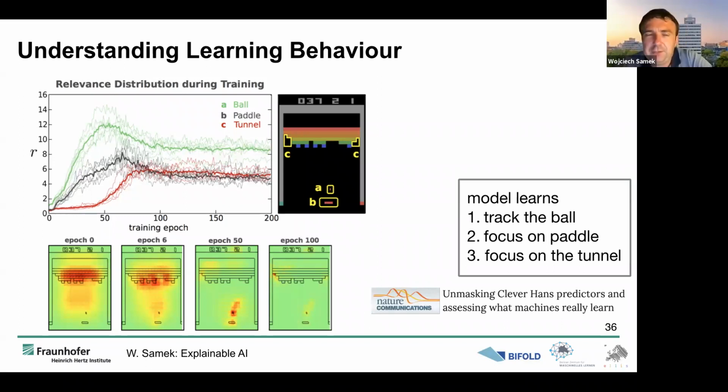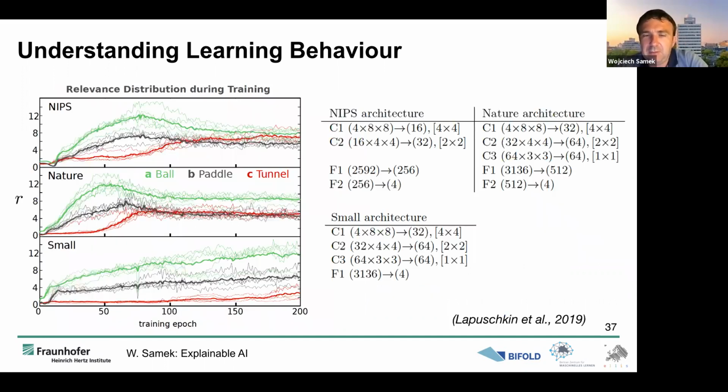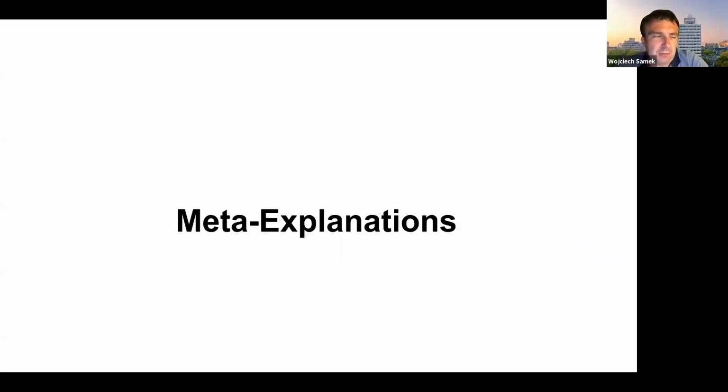And only after 50 epochs, it learns to build this tunnel. So you can study the dynamics of learning with these tools. And we could also compare the learning behaviors of different architectures. So here you see the same curves for different architectures. So this was another application of these heat maps, of these explanations.